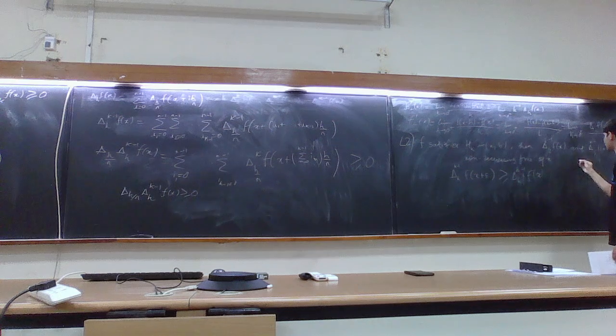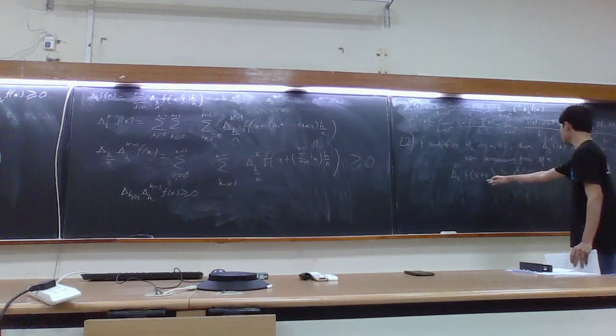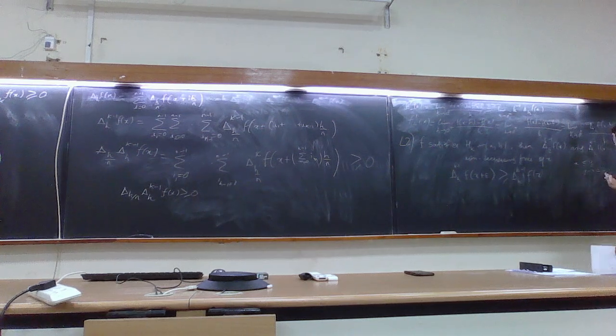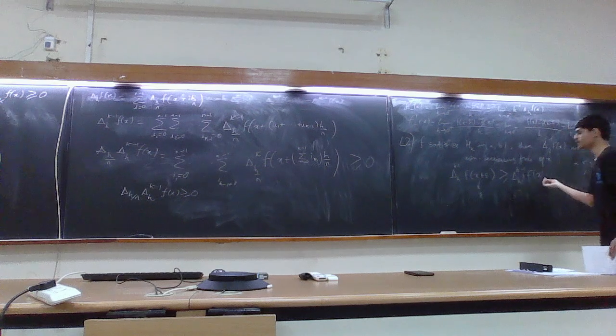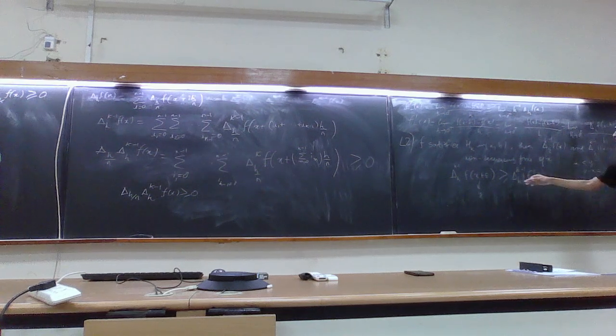So choose some x and y such that x is less than y, and call this difference y minus x as delta 1. Okay. Now you can take this epsilon to be y minus x, right? And once you do that, this input becomes y, and this input is x. So you have proven that the function at y is greater than equal to the function at x, and that was what we had to do to prove that this is non-decreasing. The proof for this is similar, so I'll leave that.